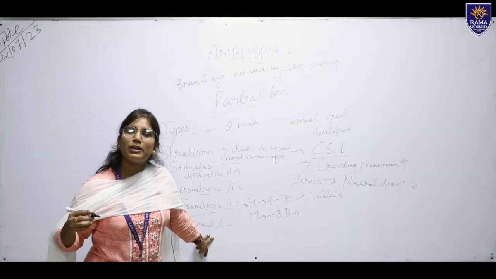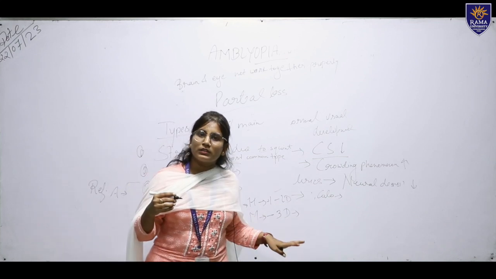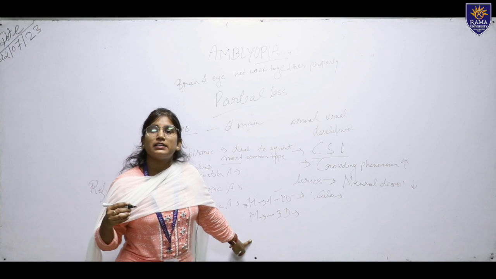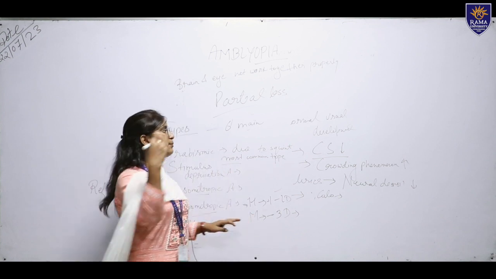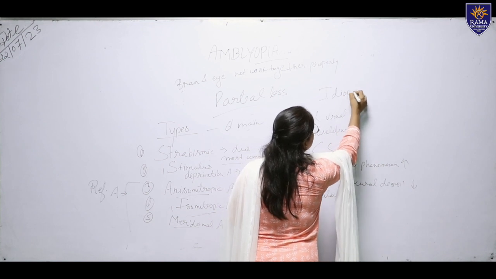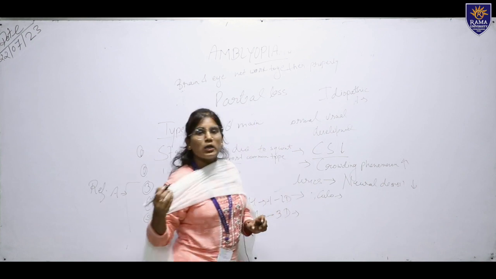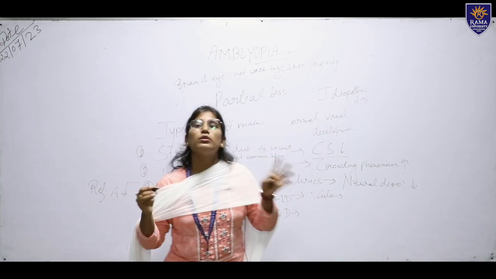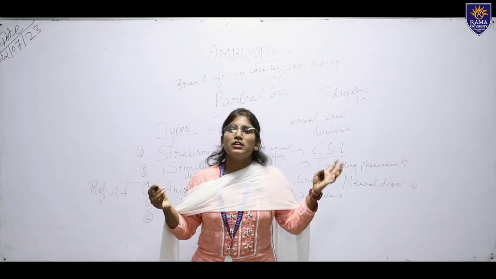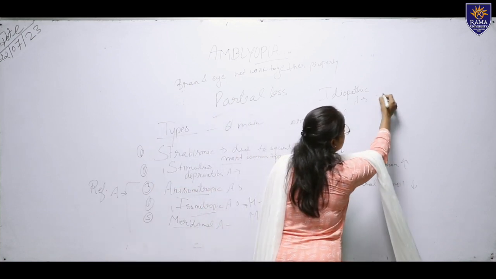In meridional amblyopia, uncorrected astigmatic refractive error in both eyes leads to its development. And the last one is idiopathic amblyopia. Idiopathic means unknown etiology: the cause of development of amblyopia is not known.